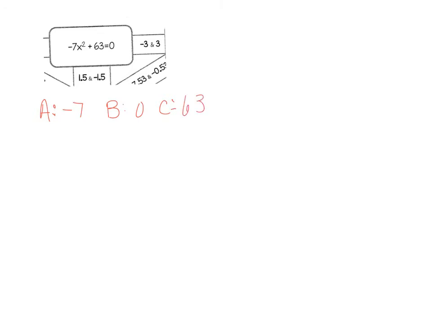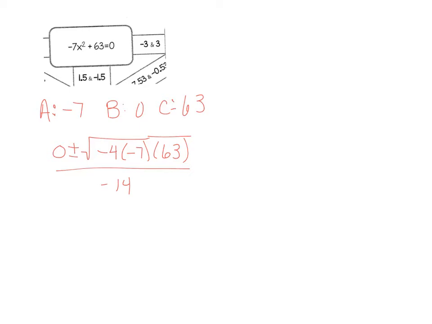So using the quadratic formula, we would have -b, or 0, plus or minus the square root of b squared, which is 0, minus 4 times a times c, which is 63, whole thing over 2a, which would be -14.